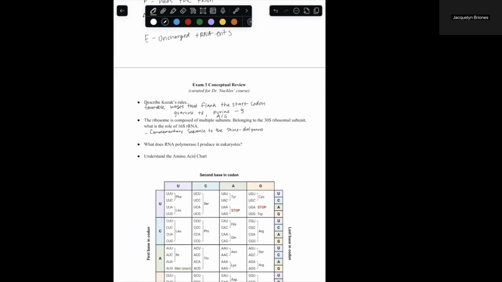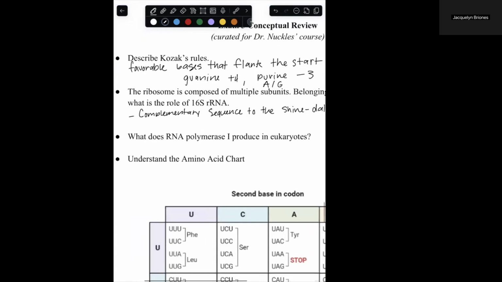So this helps with the initial binding. Okay, what does RNA polymerase 1 produce in eukaryotes? It produces 18S rRNA.